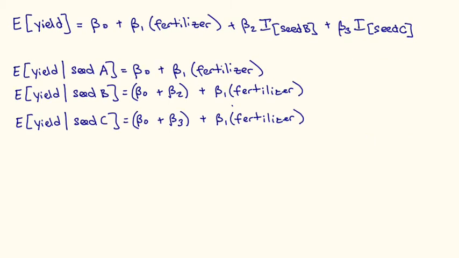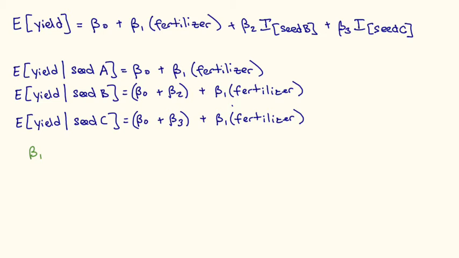All right, so I've written here how the equations look for seed A, seed B, and seed C. You'll notice that beta 1 is the same for all of them with this fertilizer thing. So we have to kind of think about what it means in terms of all of the models combined.